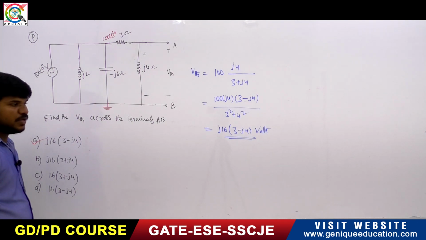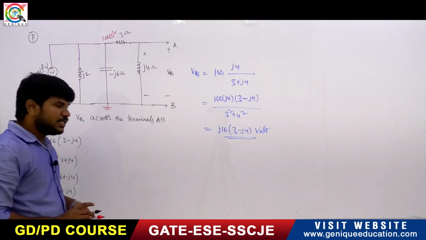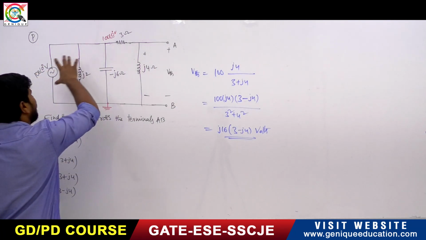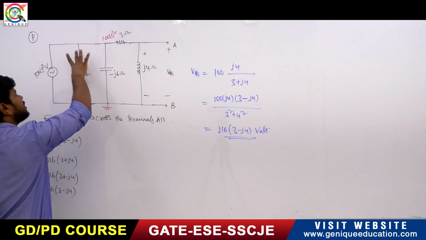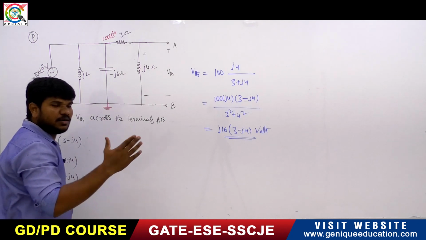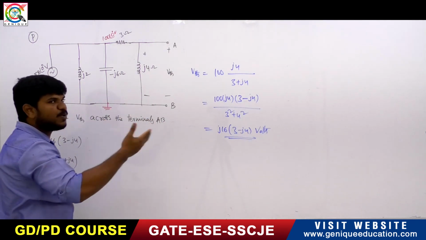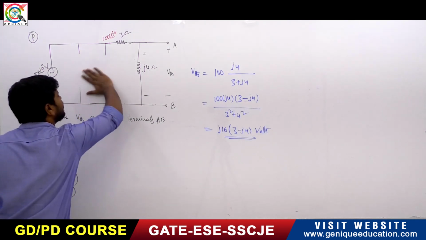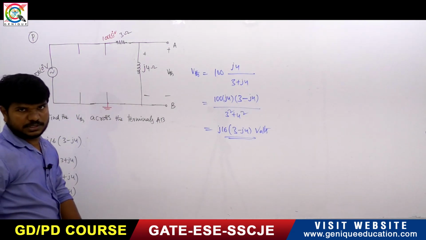Right. So what is the meaning of this question? Whenever there exists a voltage source in parallel with a resistance, to find the load calculation, to find the response on the load side, you can remove these two resistances. That is the point I want to say.